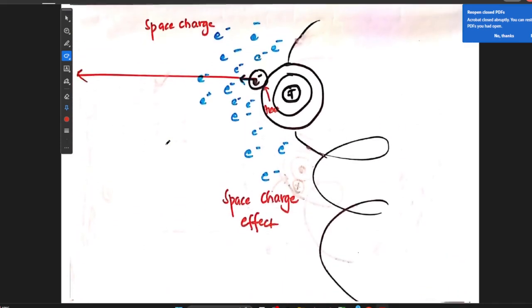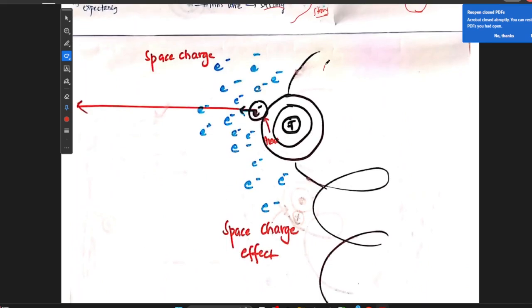Now, when the filament is heated, the filament contains an atom. So when the filament is heated, the heat energy or thermal energy is transferred to the atom and the electron is released. There are a lot of electrons around it, so there is an electron cloud around it which prevents the electron from going out. But when it is heated, generally it starts from 0 degrees and gets heated to 2200 degrees Celsius.